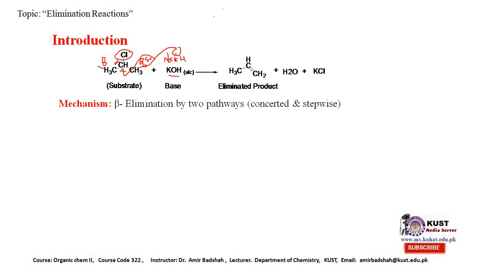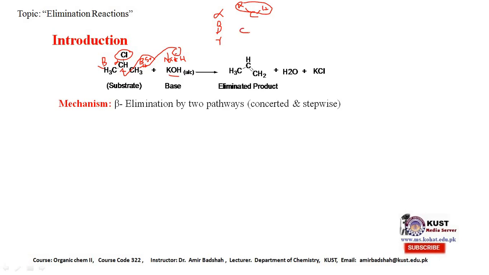There is alpha elimination too, and this one is the beta, and there is another type which is also called the gamma position. If both hydrogen and leaving group are abstracted from the same carbon, for example this is the same carbon and this is the leaving group and this is the hydrogen, if they are abstracted from the same position, then it is called alpha elimination.